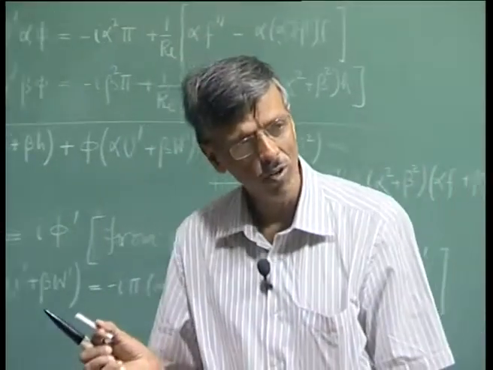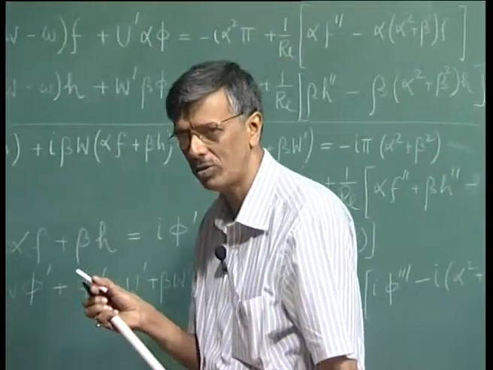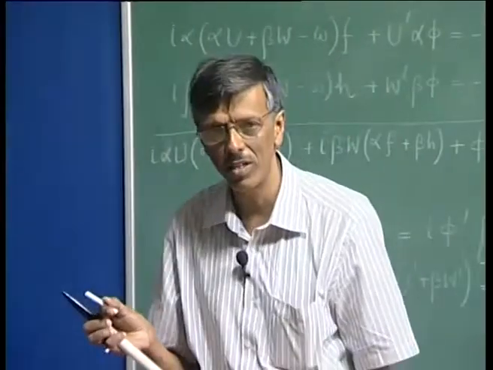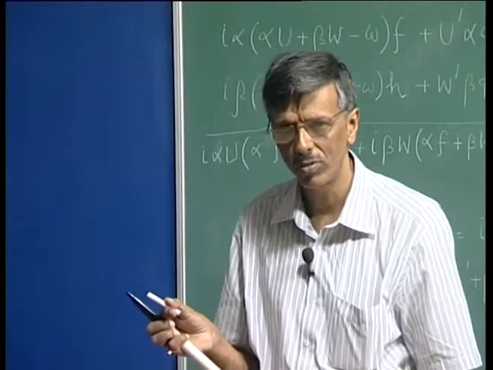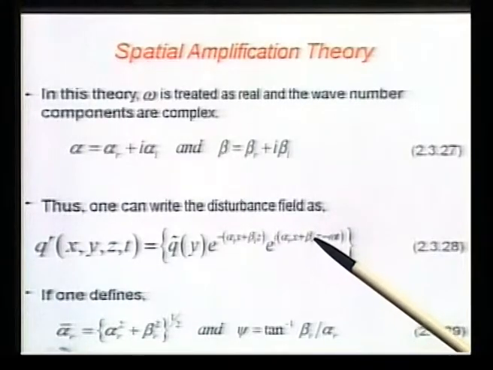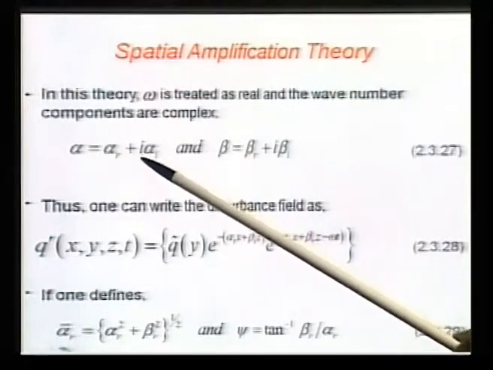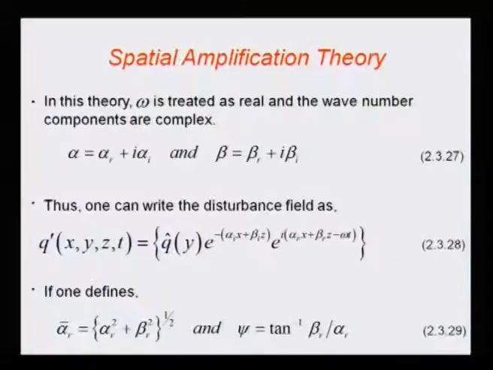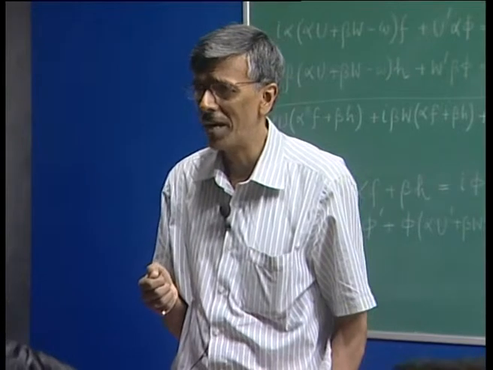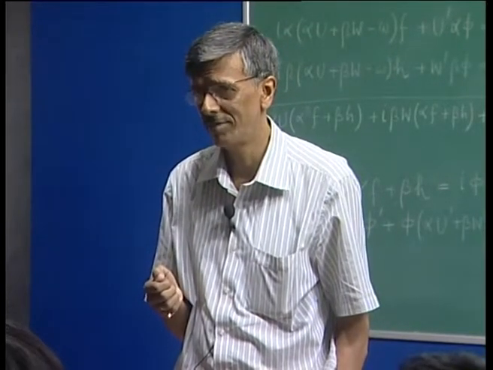So, then what we should have as a recipe, we cannot talk about disturbances with real wave numbers, right, or wave number components. So, we will be talking about disturbances for which alpha and beta are going to be complex quantities. But that still does not say that omega should be real or complex.